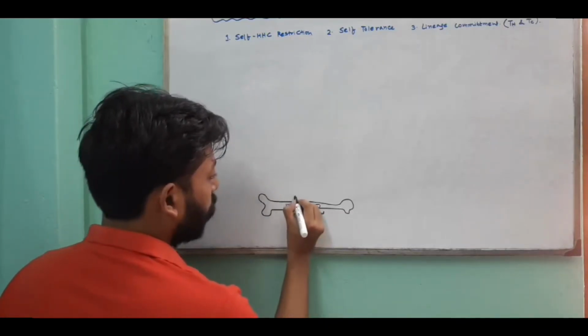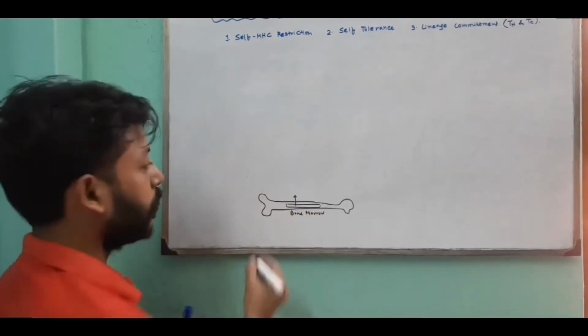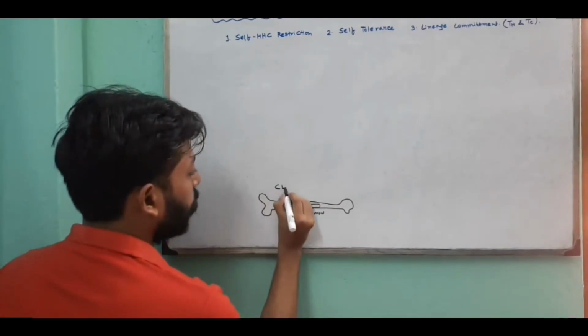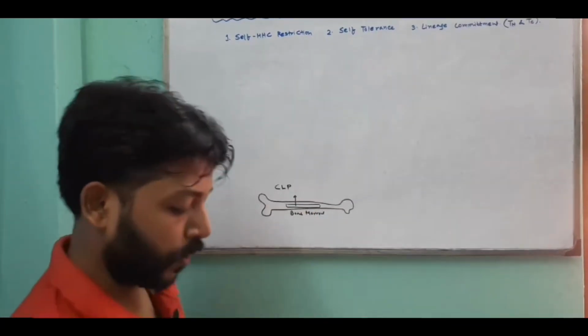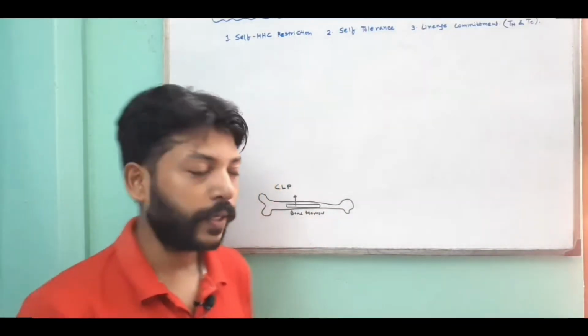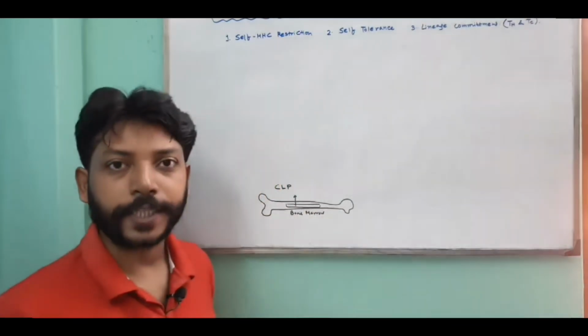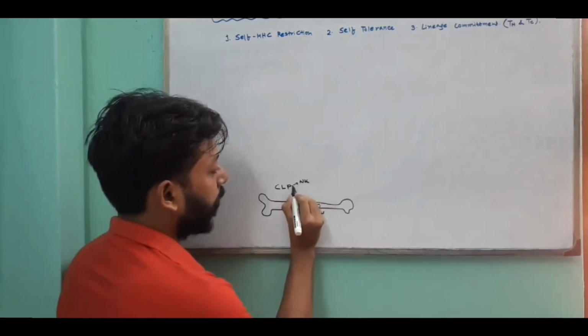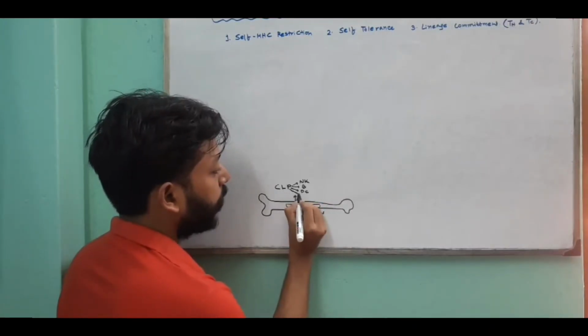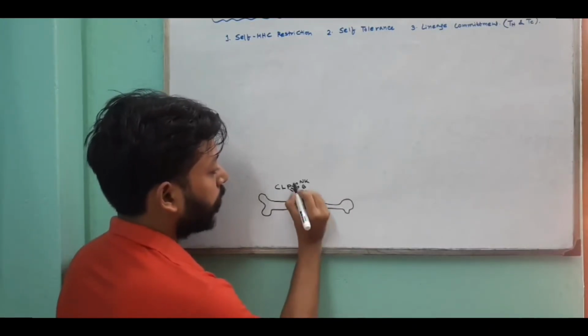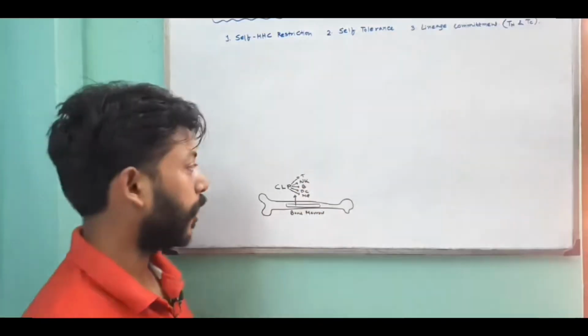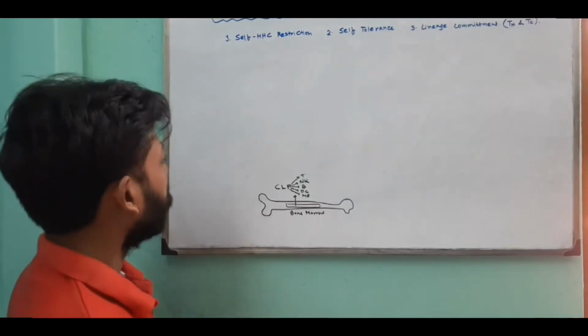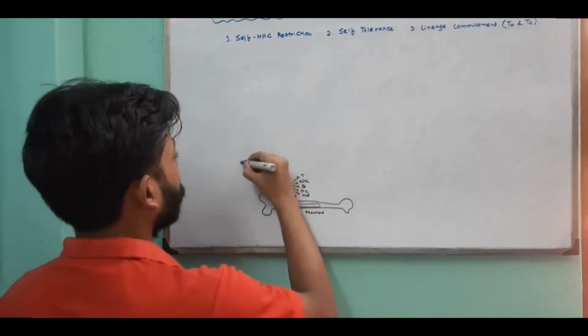From this bone marrow, one type of cell comes out that is called common lymphoid precursor cell. This cell is not committed yet. It can generate NK cell, B cell, dendritic cell, even myeloid cells like macrophage, and T cell.